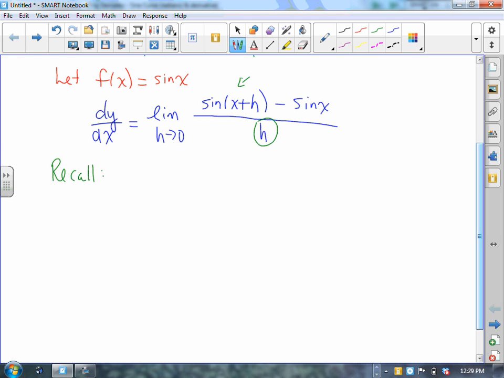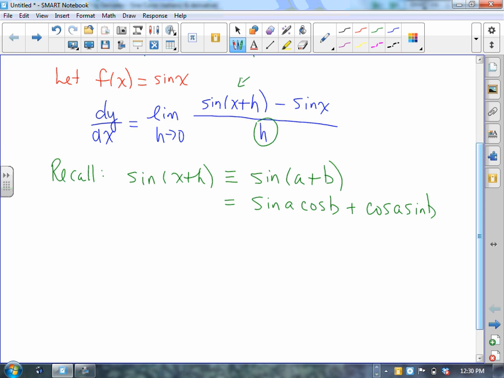So what I would like you to do is recall a particular rule. Think of the sine of x plus h as being equivalent to the addition formula for sine. You might remember the compound angle formula, sine of a plus b. Remember that sine of a plus b was the sine of a times the cos of b plus the cos of a times the sine of b.